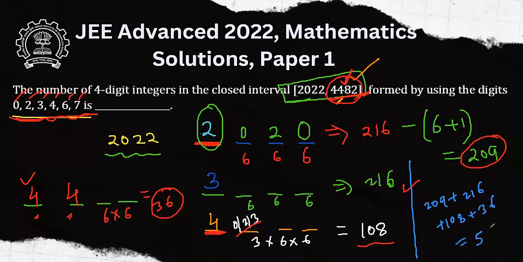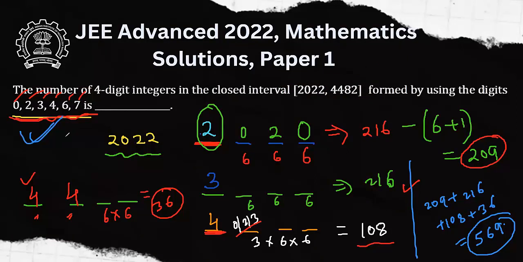That gives you 569 numbers. So in total, I can have 569 such numbers in this given closed interval formed by these given digits. And obviously repetition is allowed, as we have seen. Fine. Thank you.